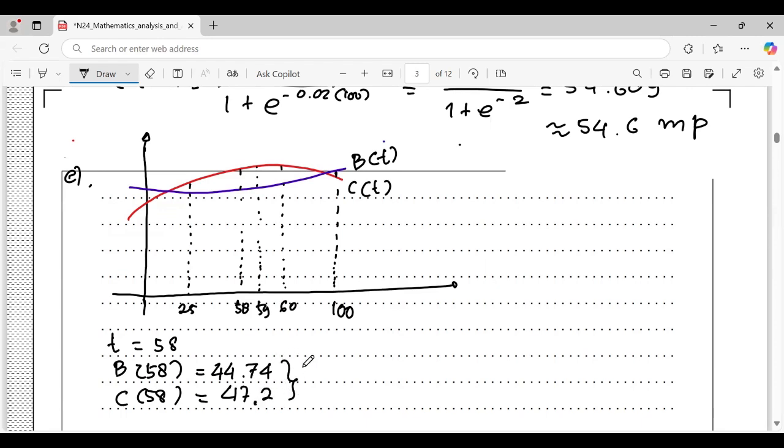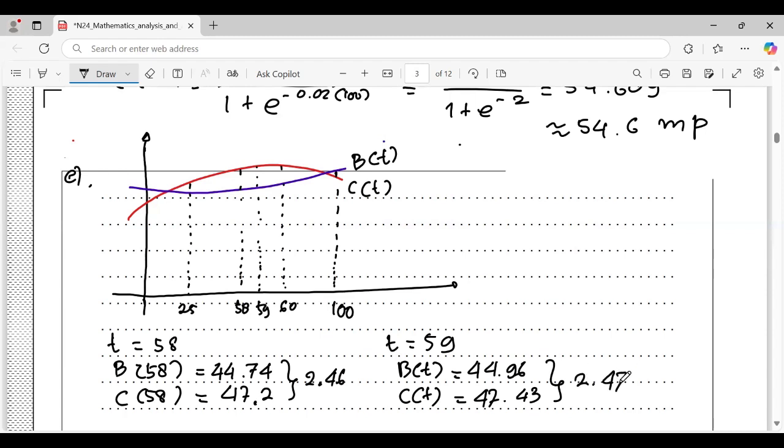So the difference or the gap is 2.46 million. If t equals 59, B(59) equals 44.96 and C(59) is equal to 47.43. And the gap or the difference is 2.47 million.